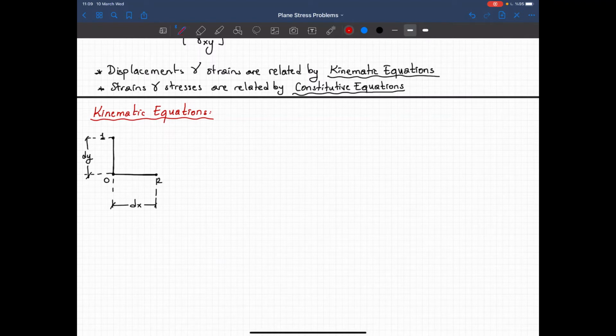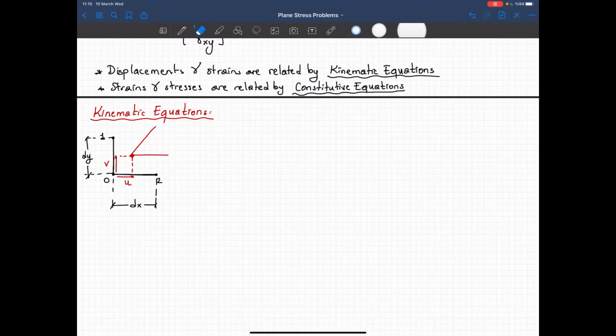Okay, so let's say that this point 0 moved by this amount v, and also in the x direction it moved by u amount, and it moved to this point. And also let's say that it experienced some angle change, so let's also show that.